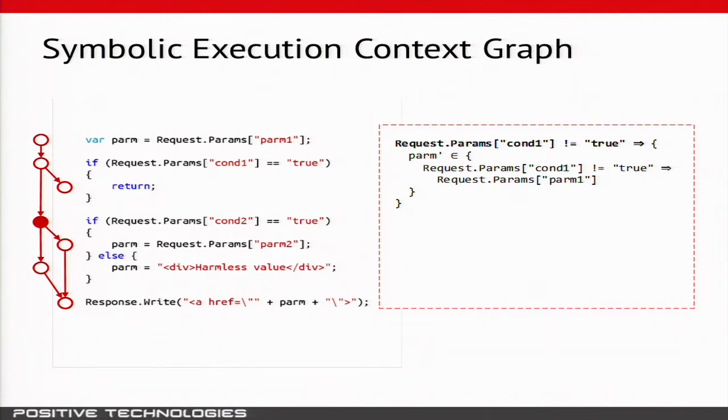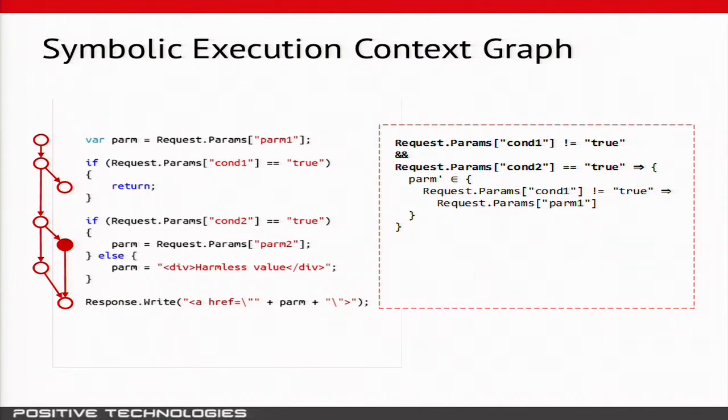So for parm, the negative condition is the only value. So we shall come here with parm only if we don't go to return. And the same way we change the contexts.